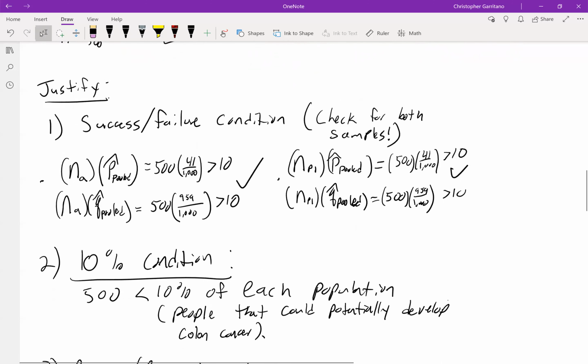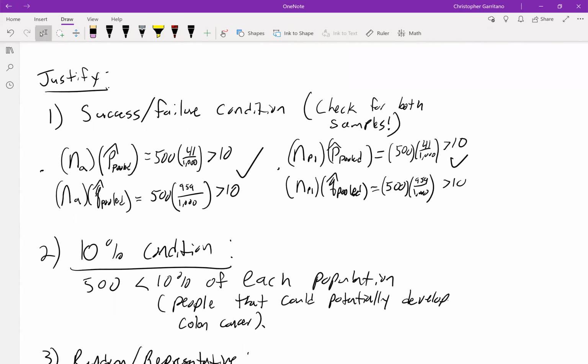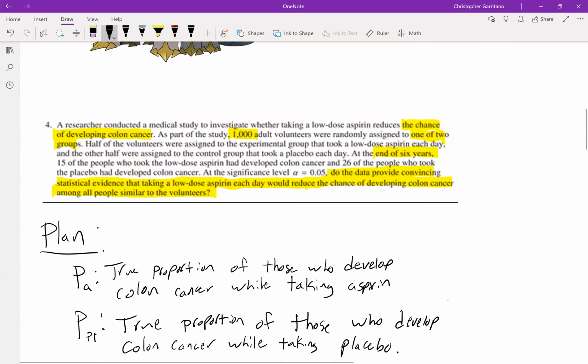The 10% condition is just asking, is our sample size less than 10% of the population? And yes, it's very clear that 500 is less than 10% of each of the populations. The population in this case is people that could potentially develop colon cancer. Actually, the way they describe it here is among all people similar to the volunteers.